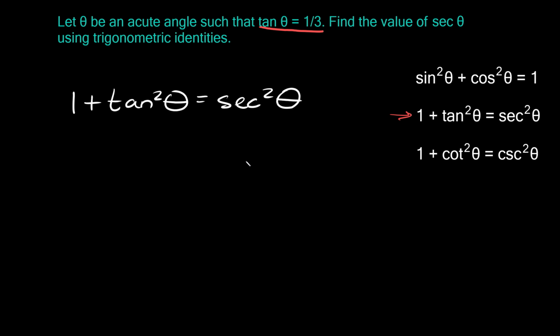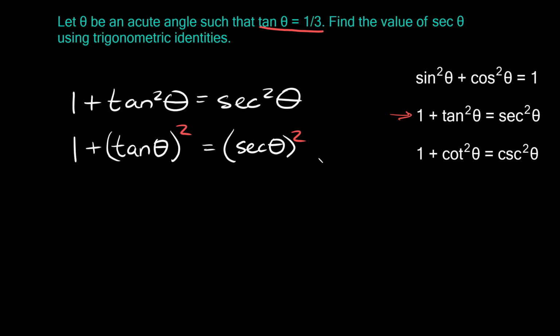All right, so all we're given here is that the tangent of theta is equal to 1/3. So let's plug that in for our tangent value. Again, we can rewrite this a little bit to make it more clear what we're actually plugging in, right? So we can rewrite this as 1 plus the tangent of theta squared, and that's equal to the secant of theta squared.